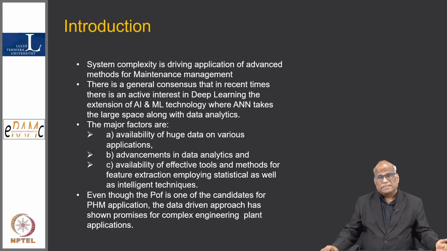And first of all, let us understand what is AI, ML and DL. I had shown earlier also, and this I will be reinforcing many times as and when it becomes relevant during a lecture. So why do we need AI? Earlier we were using the typical statistical methods, and we were solving our problem of maintenance management. For example, let us say frequency of maintenance we have to work out.